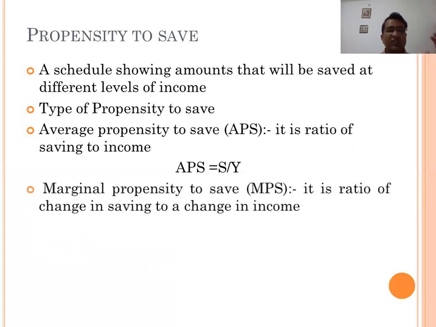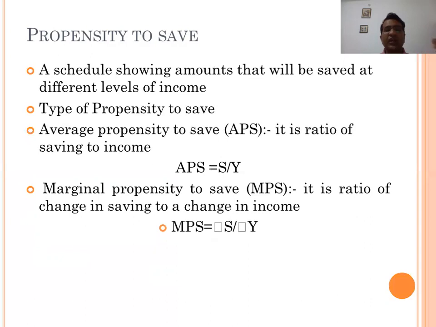In the same way, marginal propensity to save. It is the ratio of change in saving to change in income. That means it shows how much saving changes when income changes. So the ratio of change in saving to change in income is the marginal propensity to save.